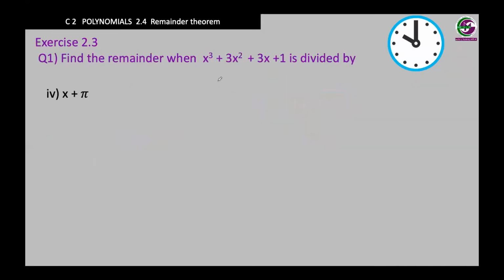Let us see the fourth part of the same question. So first of all, we rewrite x plus pi, the divisor, equal to 0. So x is equal to negative pi.